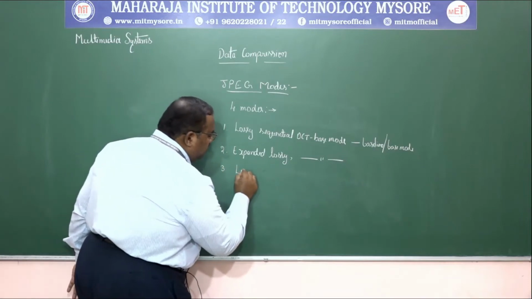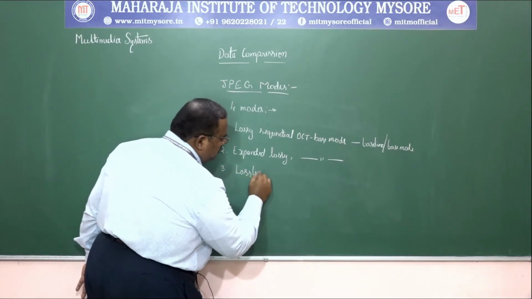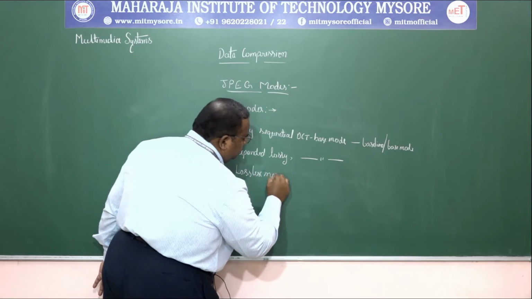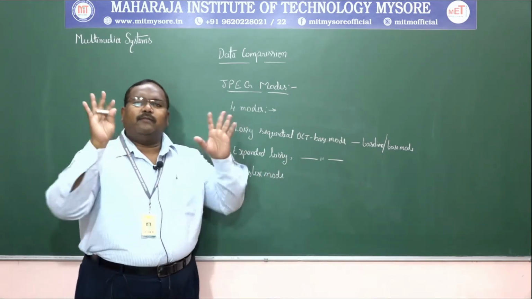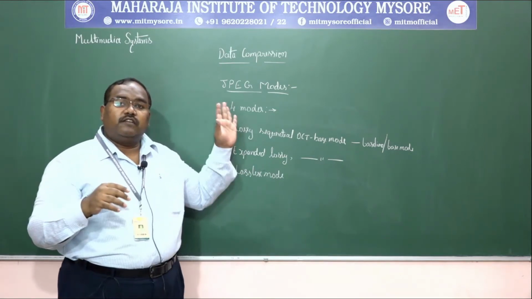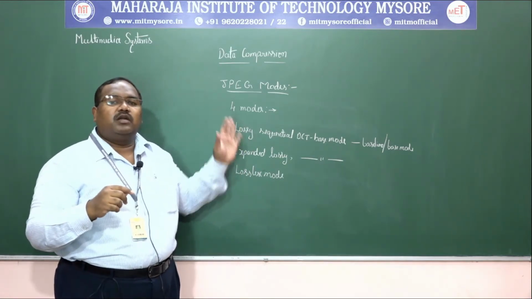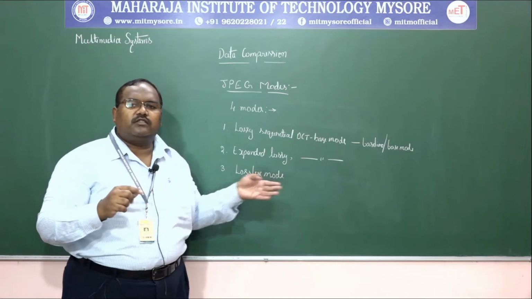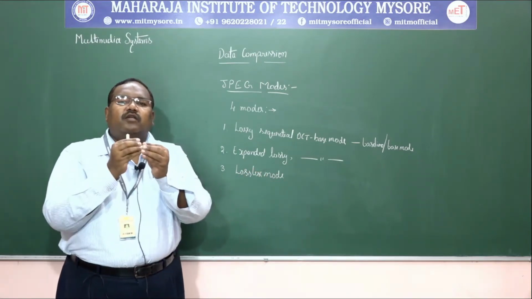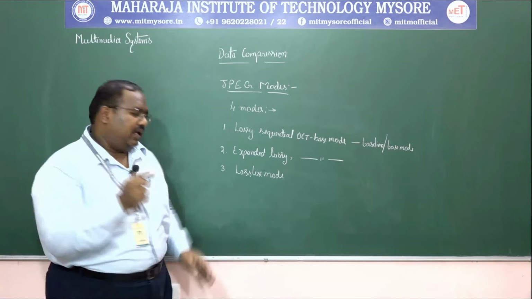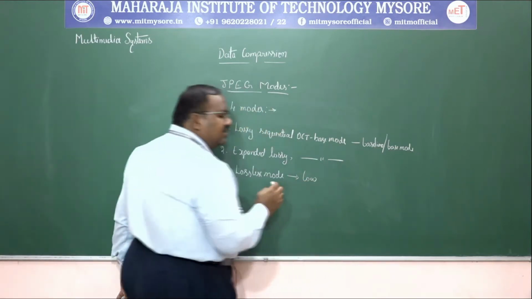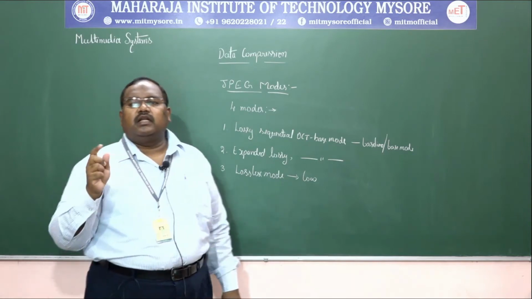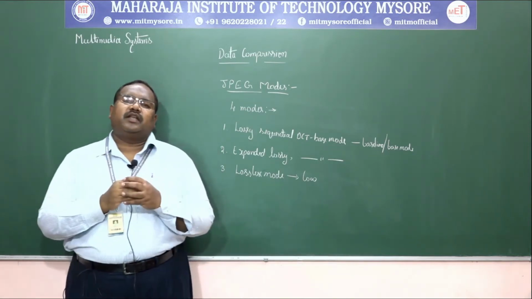The third one is the lossless mode. As the name suggests, the loss is very much less. Though this kind of JPEG comes under the lossy family, in lossless mode the loss of information is very low, meaning the data that is lost is negligible. It has a low compression ratio.